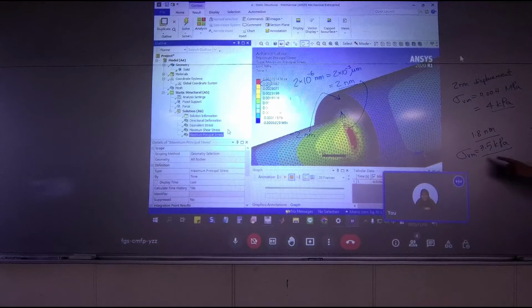But when we use von Mises, the number here is 3.5. That means when we use von Mises, we have greater safety. Who remembers why? Anyone? It's in the second part of our exam. Remember?